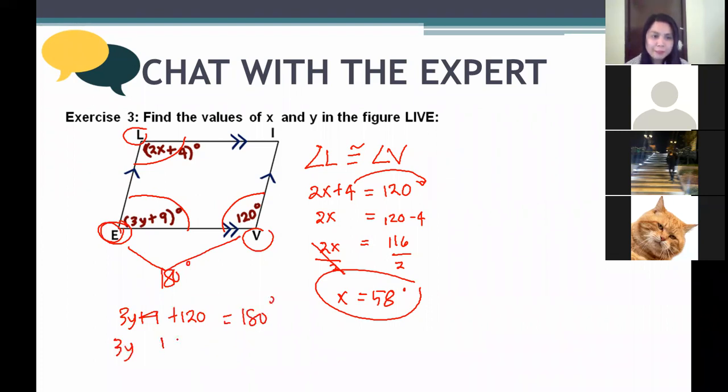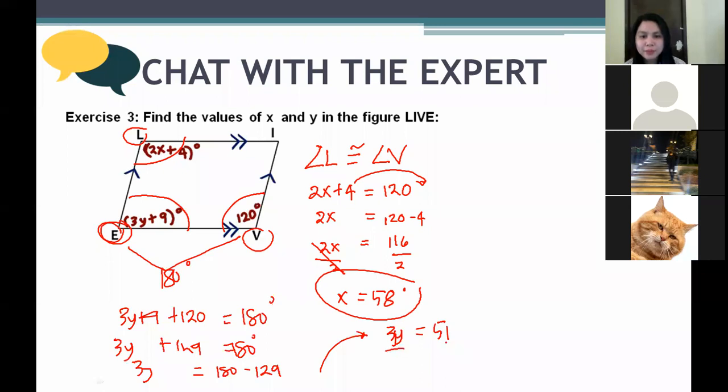So 3y plus 129 equals 180. 3y equals 180 minus 129. That will be 3y equals what? 51. Divide all by 3. So our y is equal to 27.